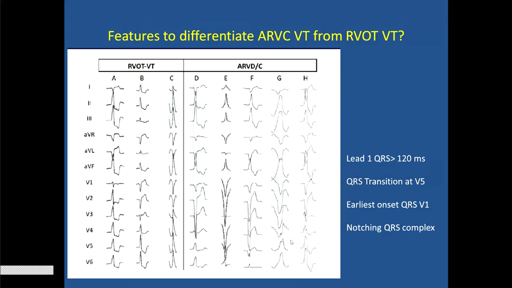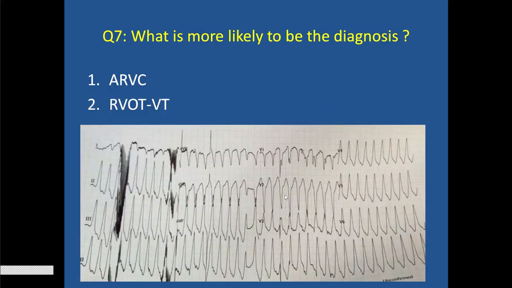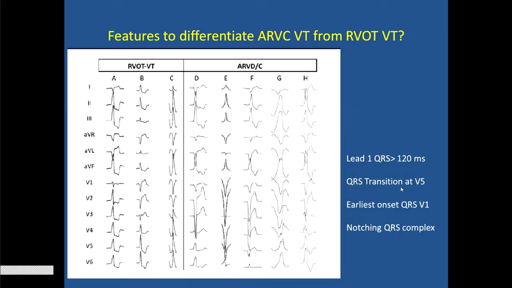If the QRS transition is very late, I told you here it's in V2 or V3 if it is left-sided, V3 or V4 if it is right-sided. So if it is V5 or later, that points towards a substrate, so ARVC is likely.